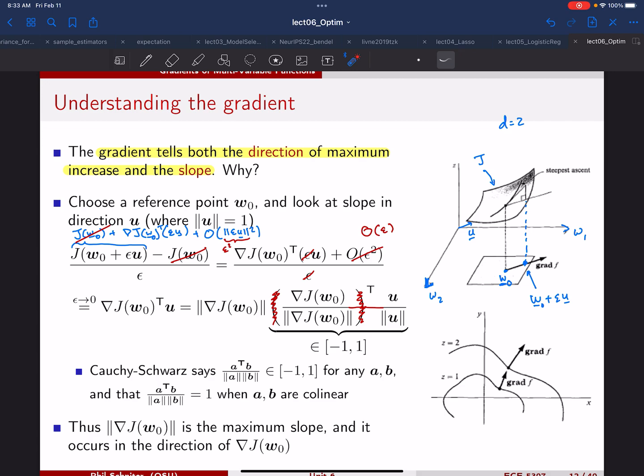From Cauchy-Schwarz, the way to get the maximum value is to set b collinear to a, so they should be pointing in the same direction. That means if I want to maximize my slope, I should pick my direction in line with the gradient. Okay, so we've now learned two things. Number one, the maximum slope is the norm of the gradient. Number two, the direction of the maximum slope is the gradient direction.